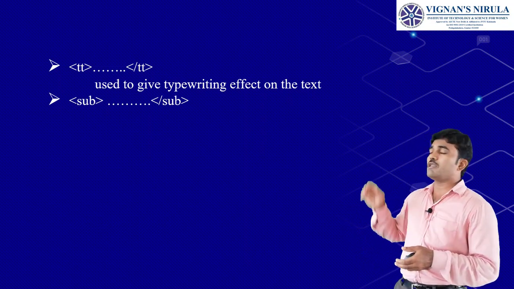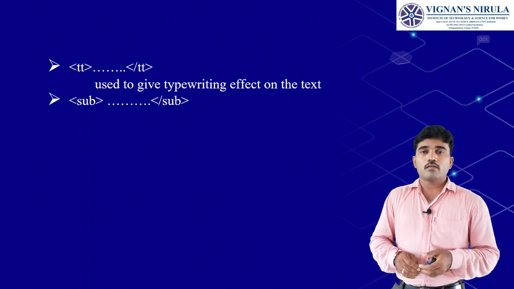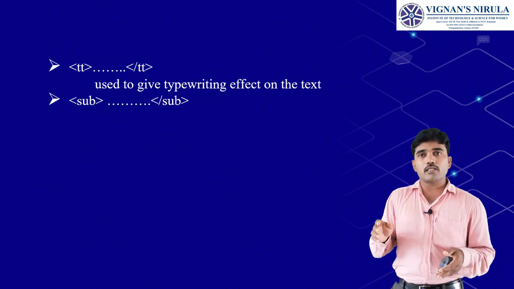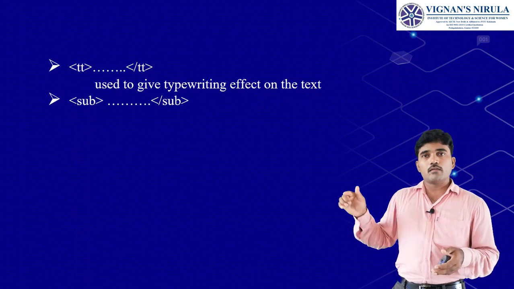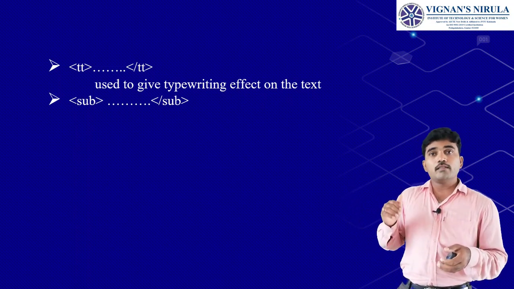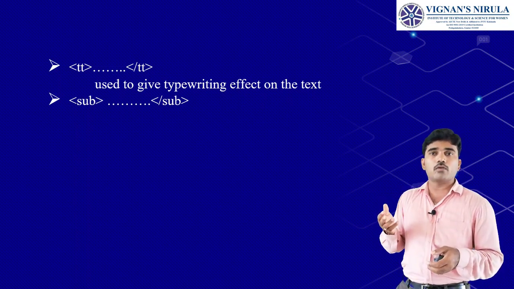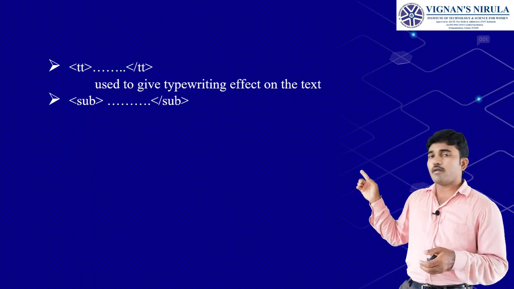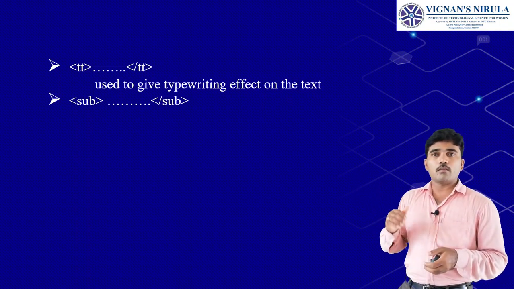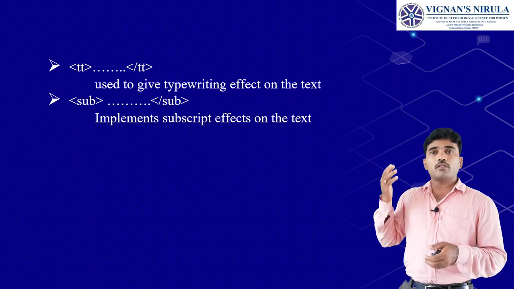If you observe, the next one is SUB, which stands for subscript. Students, sometimes you write x1, x2, x3 like that. There the 1 appears as a subscript. At that time, while you are developing the web document, you have to use this tag SUB. And sometimes power values you have to write, x power 1, x power 2, x power 3 like that.